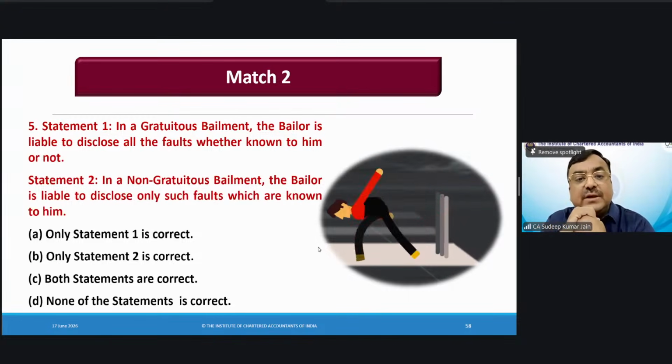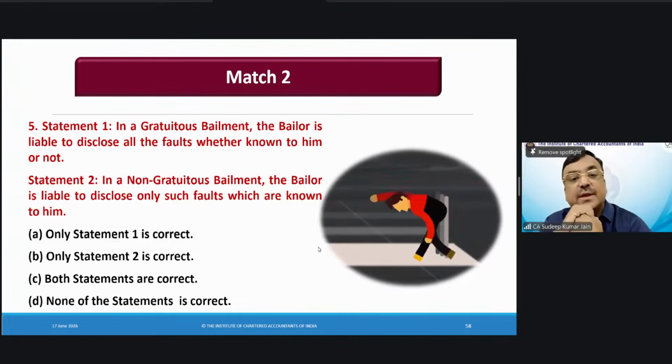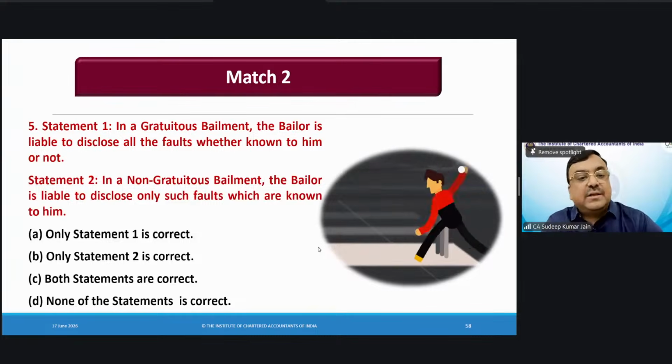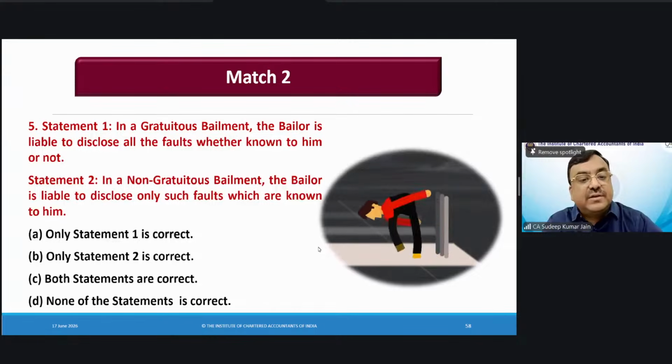Statement 1, gratuitous. In gratuitous bailment, the bailer is liable to disclose all the faults, whether known to him or not. Statement 2, in non-gratuitous bailment, the bailer is liable to disclose only such faults which are known to him. Only statement 1 is correct, only statement 2 is correct. Both statements are correct, none of the statement is correct.